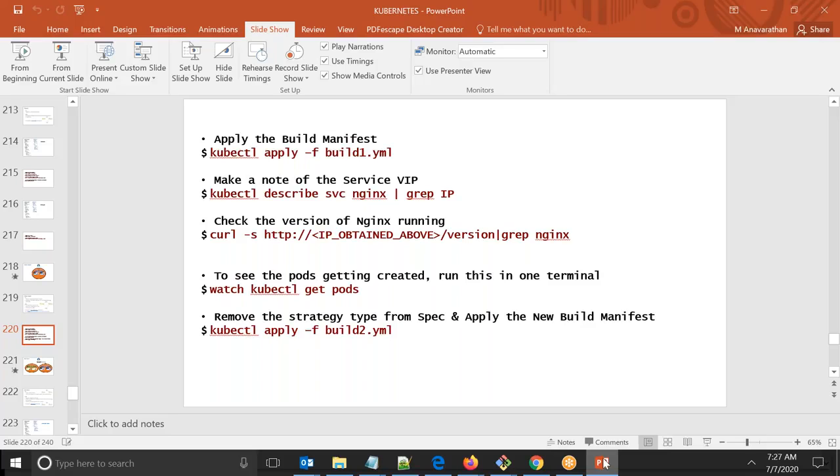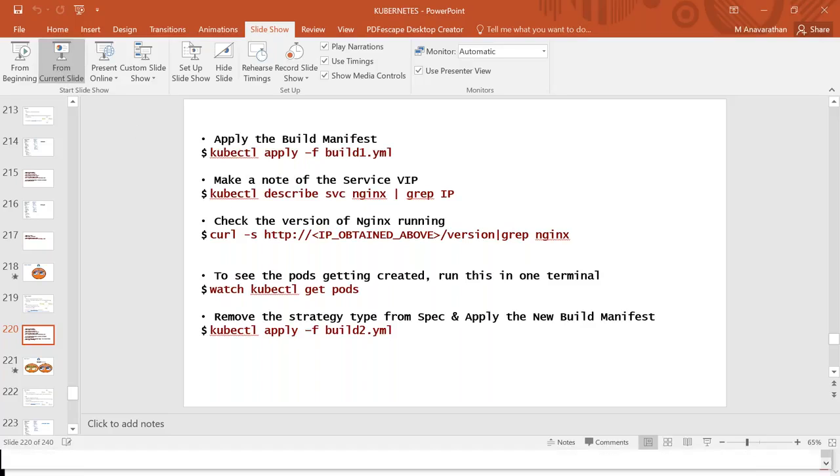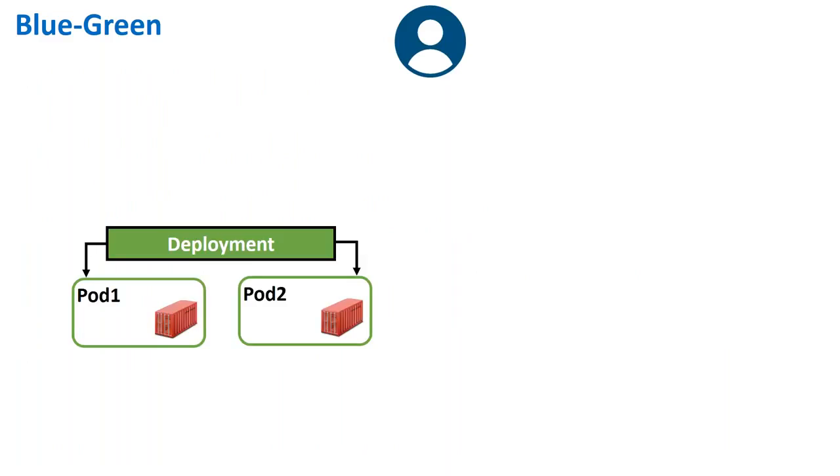So the next type is what we call blue green. What do you mean by blue green? Ideally, in some cases, I cannot recreate everything together, or even allow a slow rolling update, because my application is such that I can access it only when all the replicas are up.